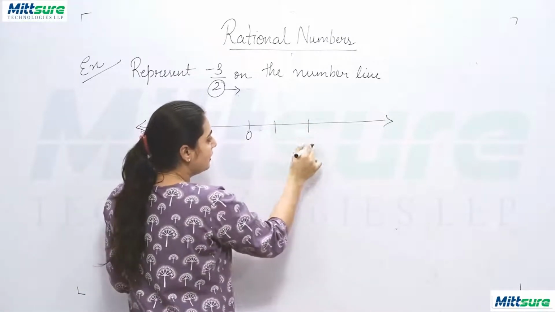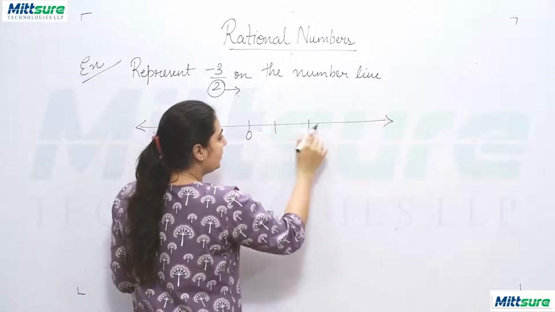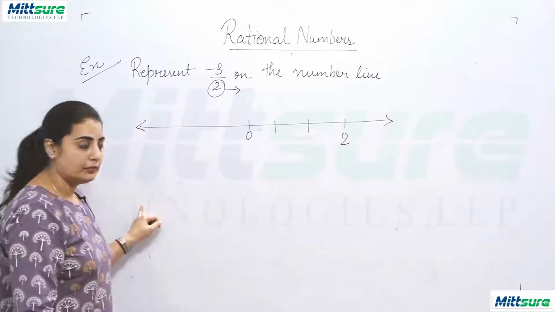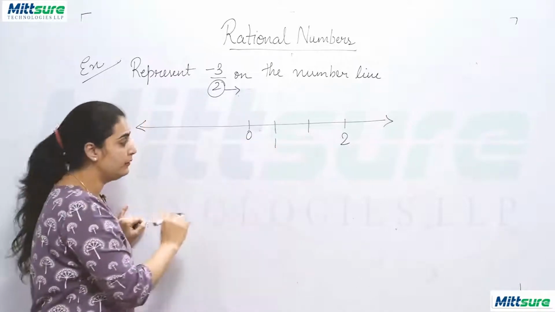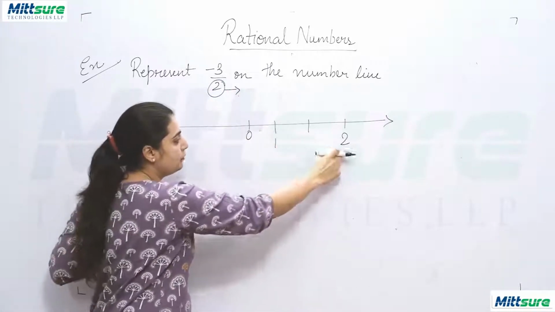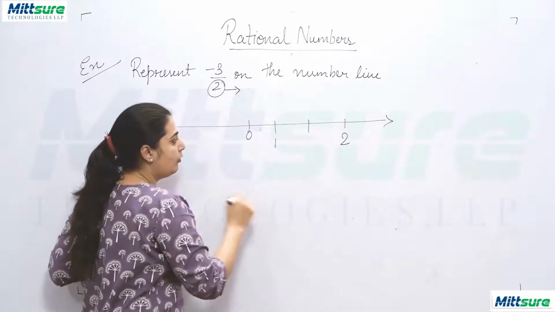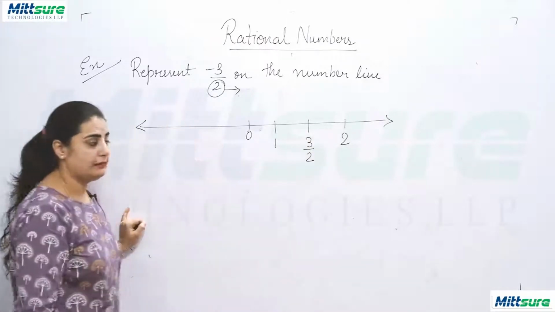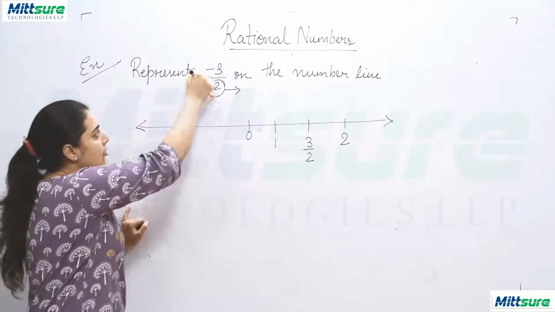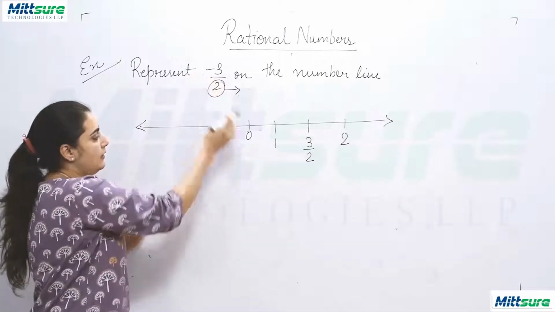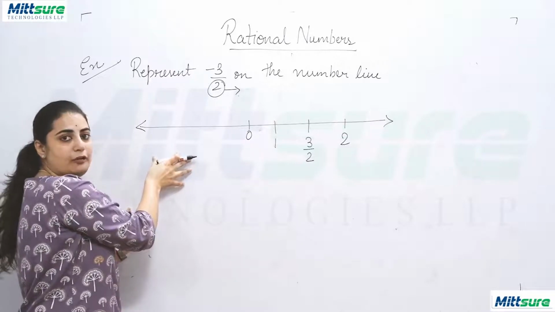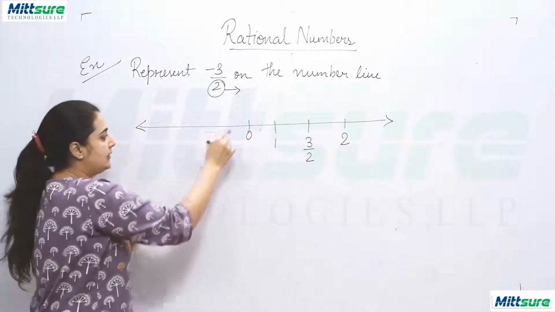Okay, now here you will get 1, and after that if you divide it into 2 parts, here you are going to get the 2. Clear? Here it is your 1 and this is 3 upon 2 which is coming in between. So 3 upon 2 is the positive one. Similarly, because it has a negative sign, it will be represented towards the left side of the 0 in the same manner.